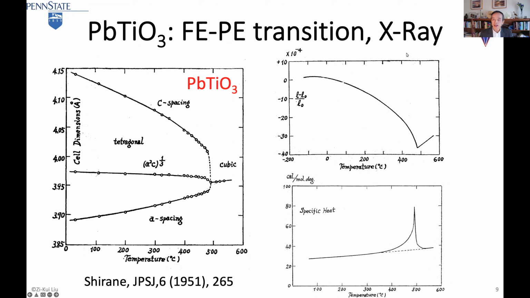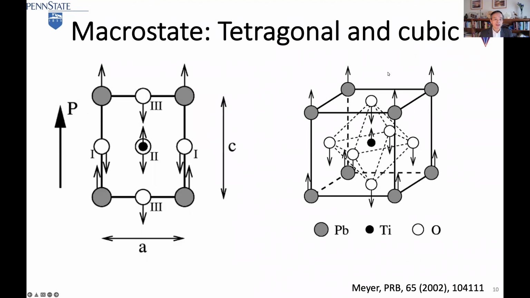As I mentioned, the X-ray measures the average. So for these measurements, we believe at low temperature you have the tetragonal structure, with polarization when the titanium atom moves away from the center. That's a ferroelectric tetragonal structure. At high temperature, X-ray shows it is cubic, so we believe the titanium is in the middle, symmetric, with no polarization, a cubic structure.